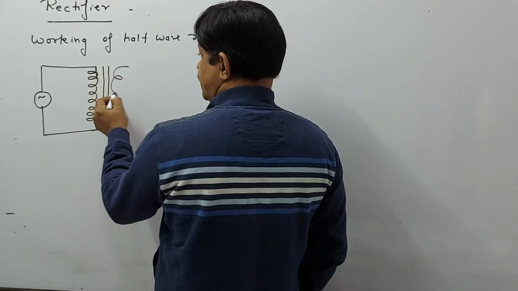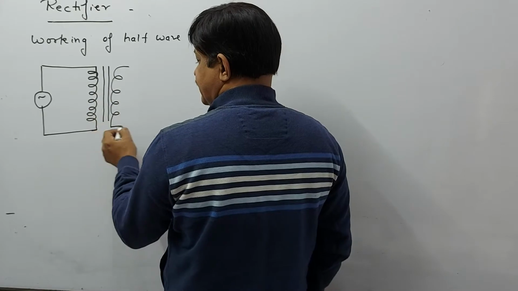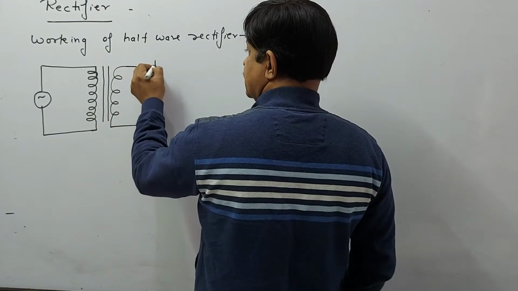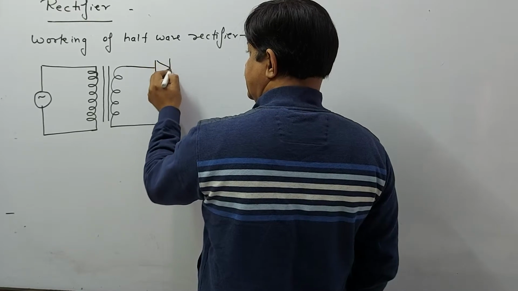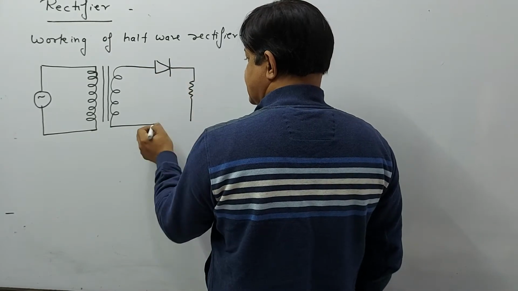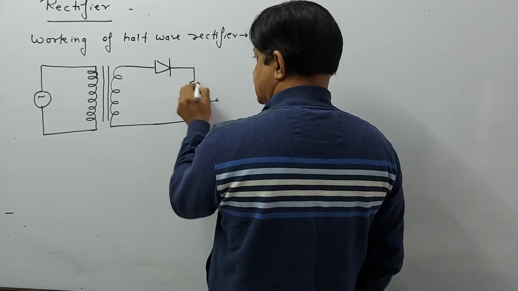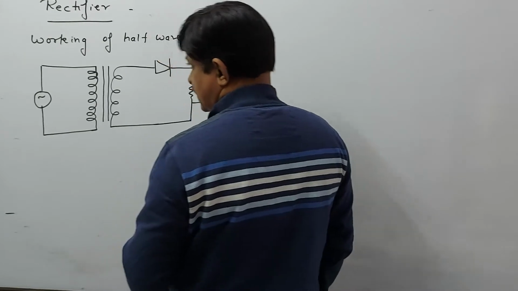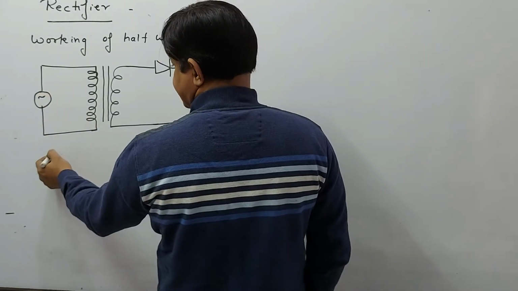So if you want to lower the potential, you can lower it. If you want to increase, you can increase. Only one of the diodes, having resistance, due to this AC.